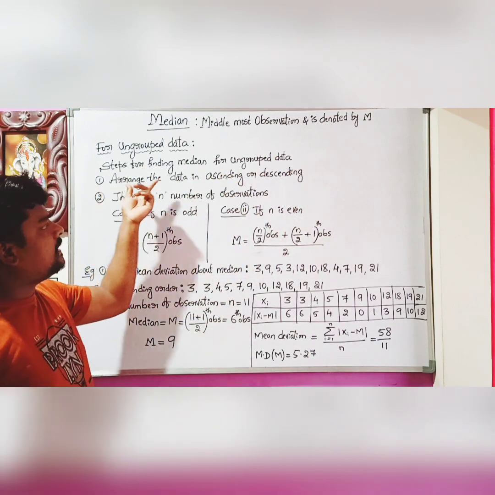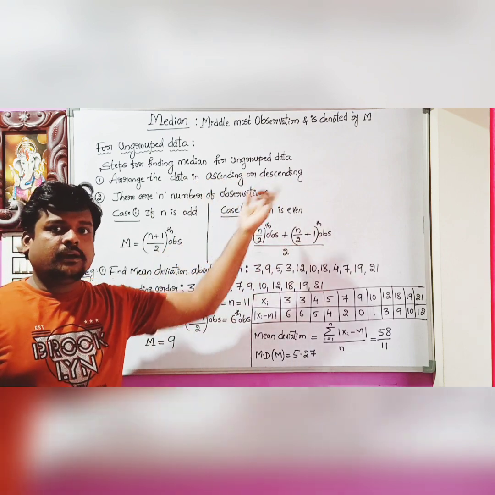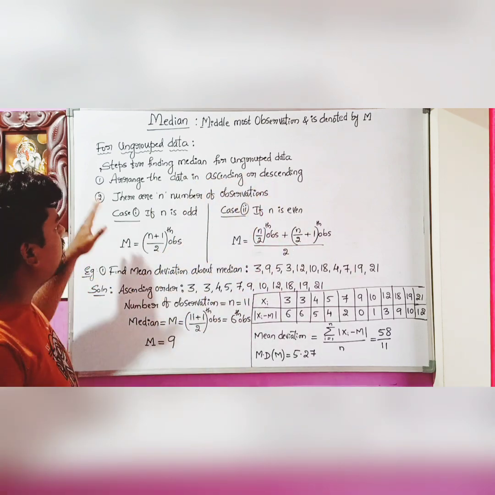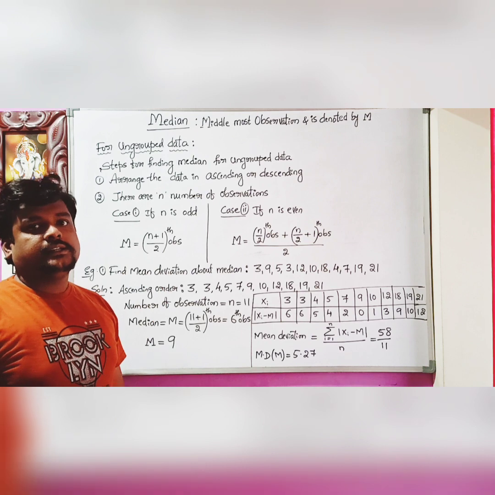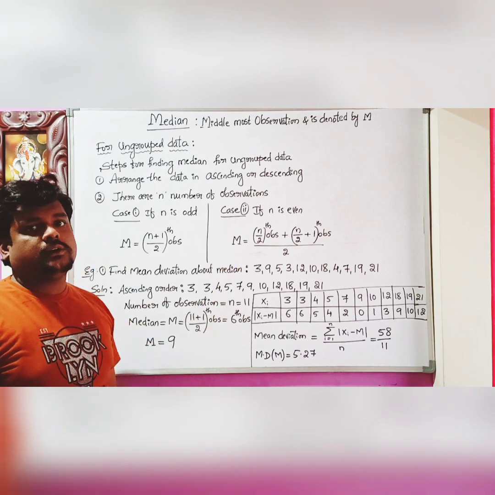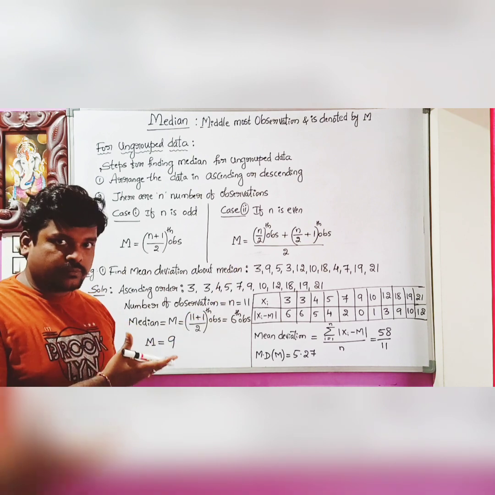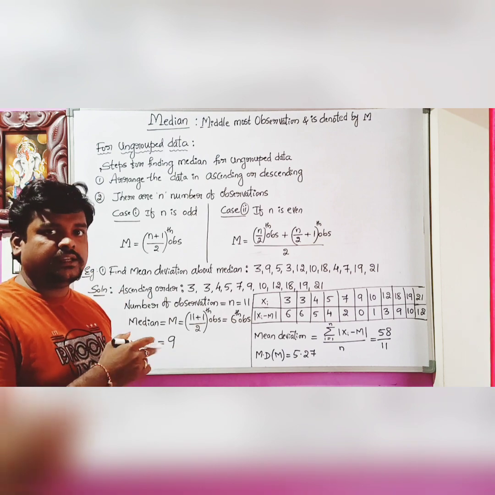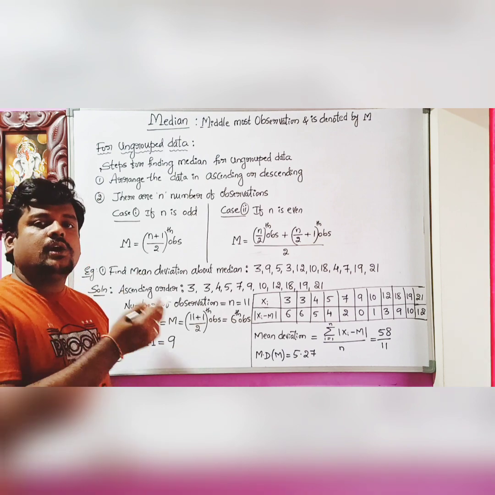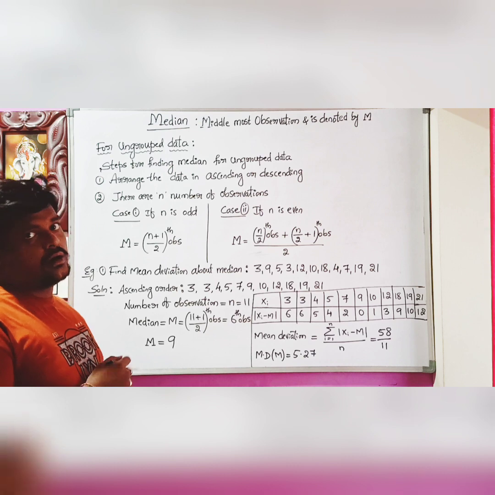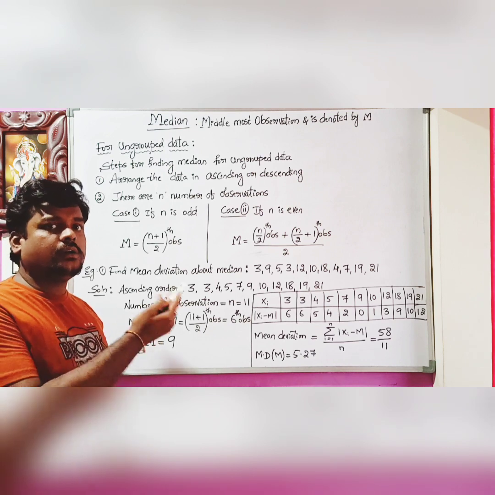Arrange the data either in ascending or descending order. Ascending means increasing, descending means decreasing. Given the observations, we have to arrange them in increasing order or decreasing order, or we can say ascending or descending.